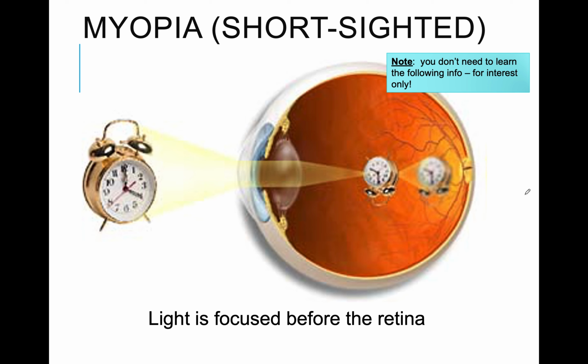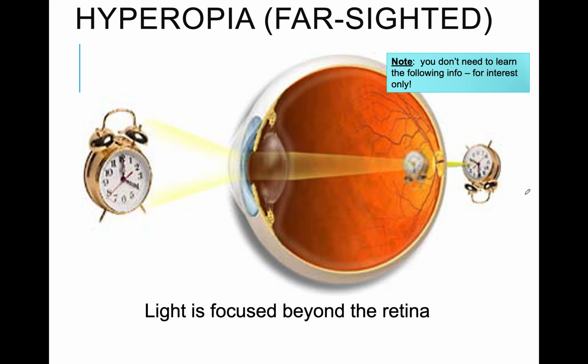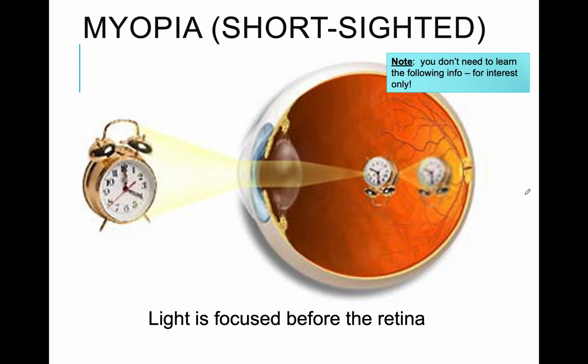Now, you don't need to know these next couple of slides, but you may be familiar with myopia, short-sightedness, and hyperopia, far-sightedness. So let's have a look at myopia. With myopia, there is too much refraction at the cornea. So a greater refraction at the cornea because the eye is more oval shaped.